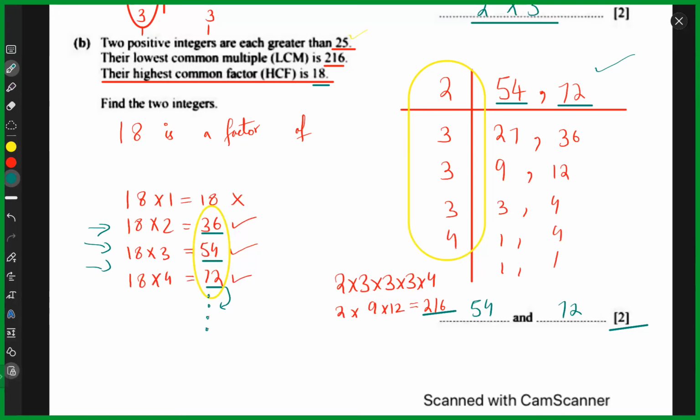Yes, this took time because initially I had to explain the idea, but otherwise things should be quick, right? It was just this, that the numbers had to be greater than 25 and their highest common factor was 18. If a number has 18 as its factor, the two numbers would certainly be the multiples of 18. So first of all, I stated all the multiples of 18.